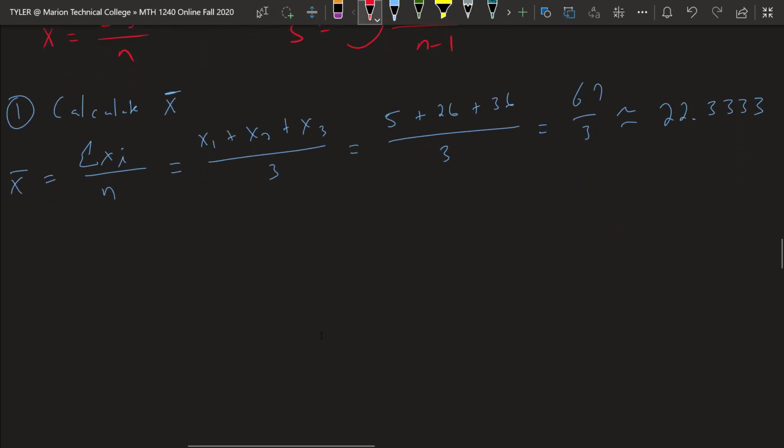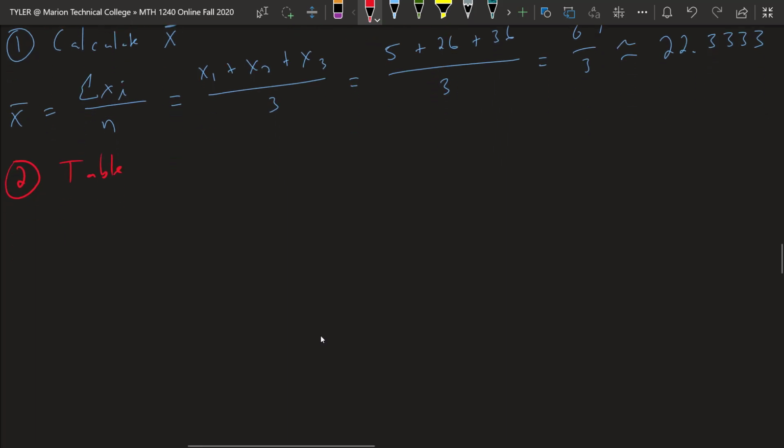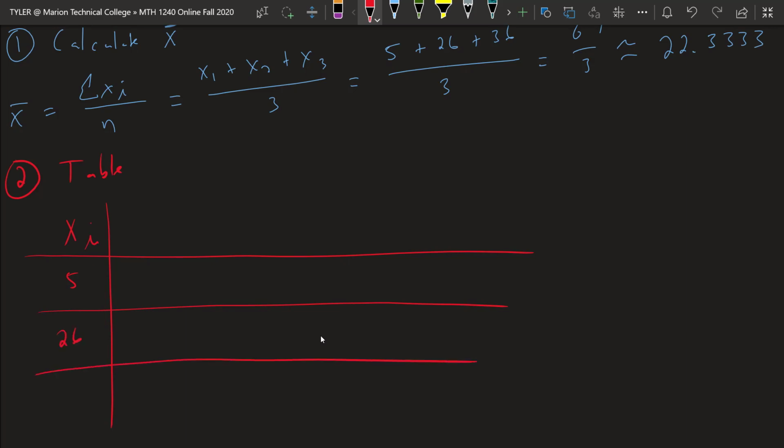The next step will be to complete the table. Right, so the table will look a little different, but not much. We'll have a column for each data value. Right, so we have 5, 26, and 36. And then we need a column to take x sub i minus the sample mean.